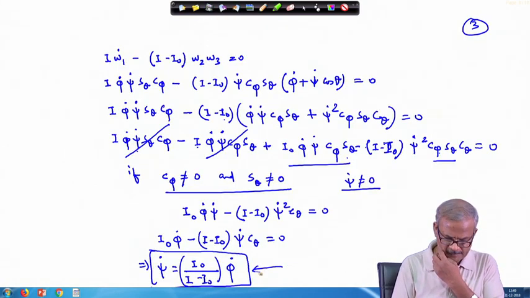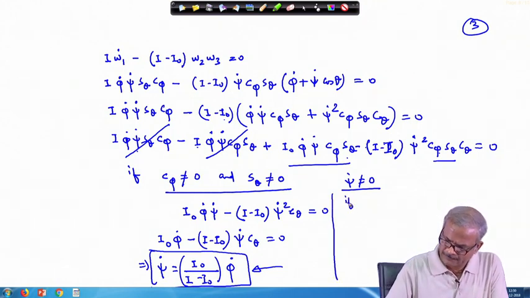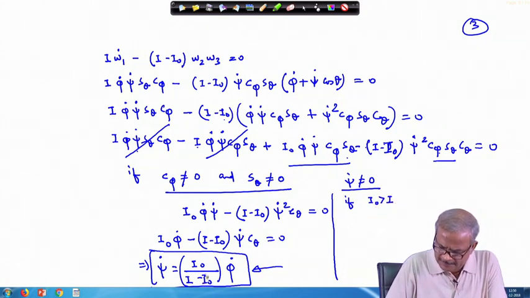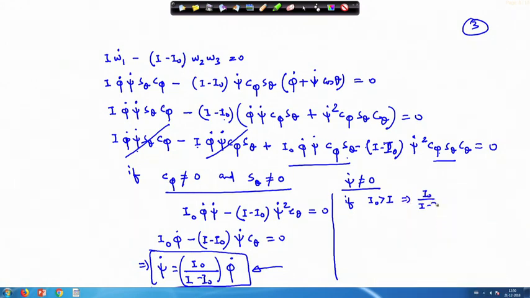Okay, so, look at this equation. What does this say? If I 0 is greater than I, then the quantity present here will be negative. This implies that I 0 divided by I minus I 0 will be less than 0, meaning psi dot and phi dot will be of opposite sign.